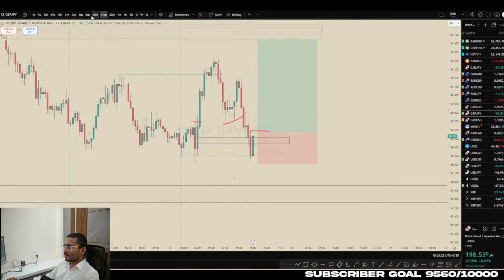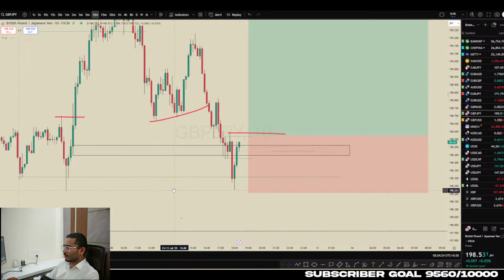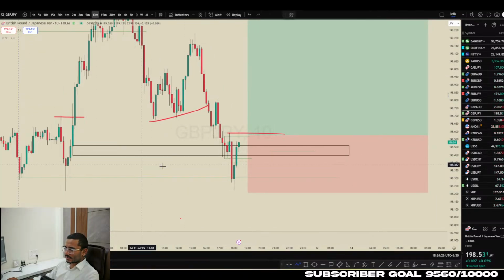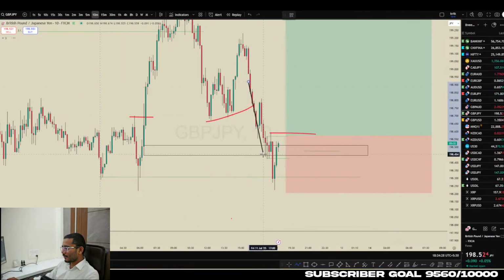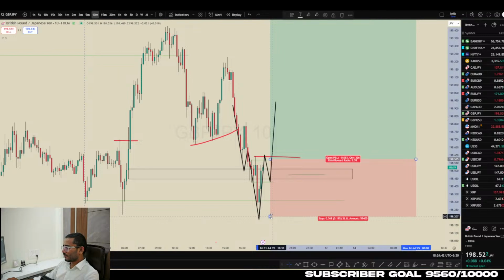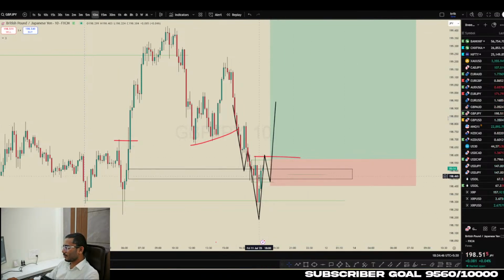Price is slowly coming to the upside now, and because the price hit my stop loss and the stop loss was too big, right now I'm entering at 0.5%, but I'm making sure that I'm using 50% of my stop loss. So the risk to reward will be double. Right now it's 1:3, so it will be 1:6 or 7. In 1:1 only, I'll be at break even here.